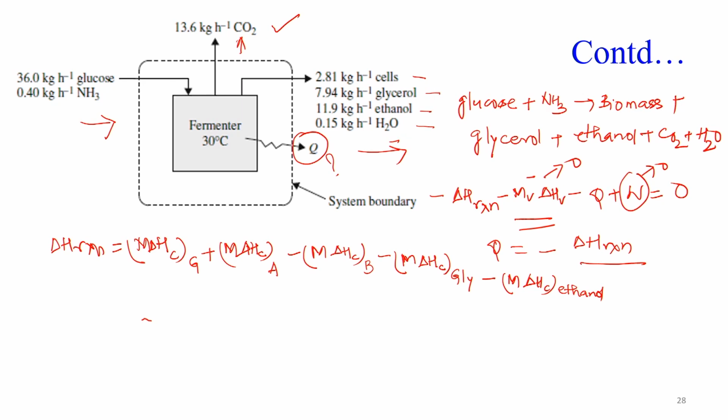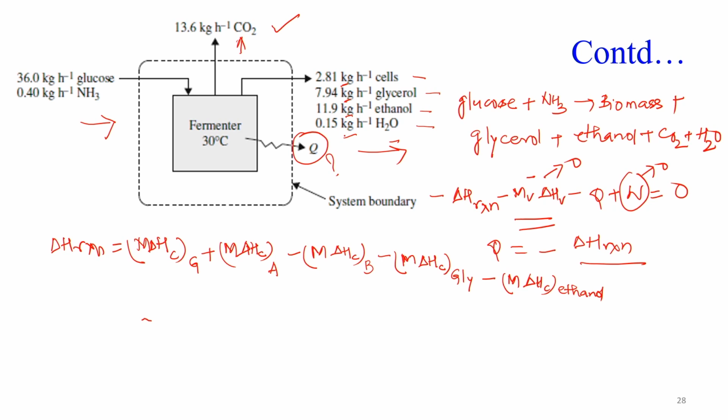Now, it is easy because the mass flow rate is already given to us, so we need not do the material balance. Otherwise, we would first need to do the material balance to get the mass of each stream coming in and going out. Once it is known, the heat of combustion is already given in terms of kilojoule per mole, and that can be converted to kilojoule per kg because the mass flow rate is given in kg.